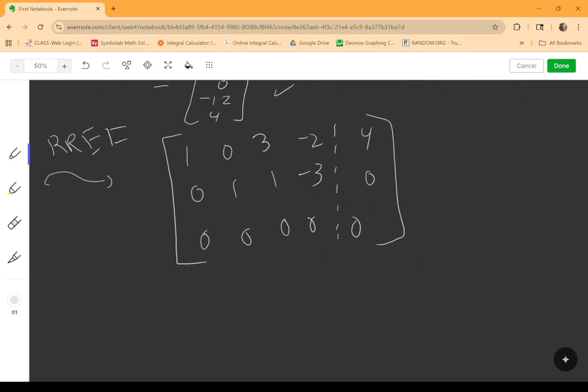From here, we saw that I could write my solution vector in this form.